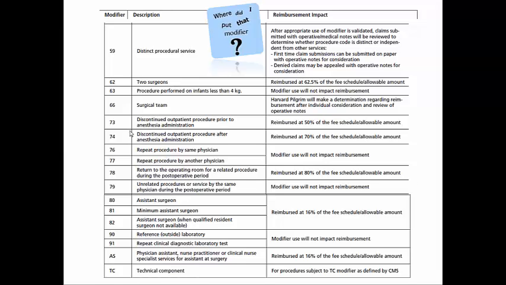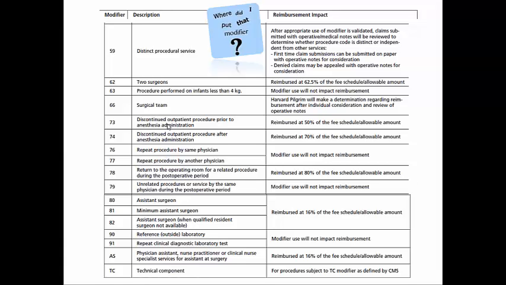Modifier 73 and 74: discontinued outpatient procedure prior to anesthesia, and 74 is after anesthesia. So let's say the patient presents to the OR for an appendectomy. Prior to anesthesia administration, the patient maybe has high blood pressure or something's going on that they have to cancel that procedure.